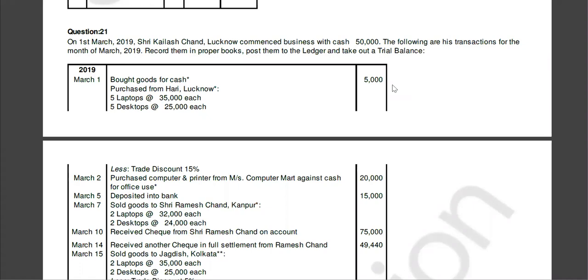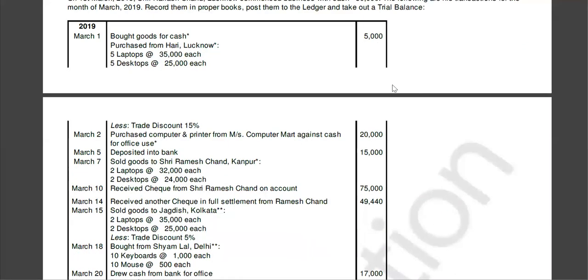Now, first step, before you start this sum, you take one pencil and identify these transactions. What are all cash transactions? What are all the credit transactions? I'll tell one by one. Bought goods for cash 5,000.